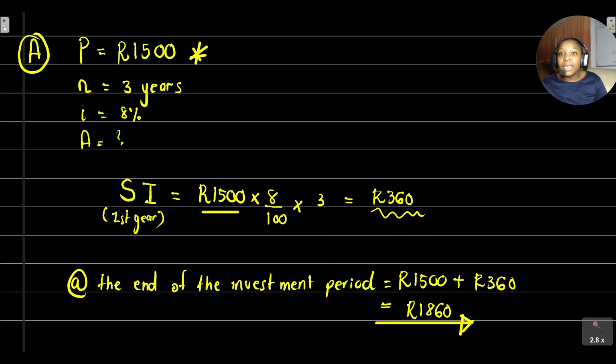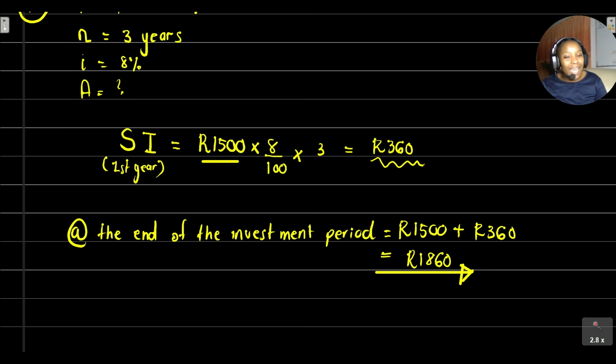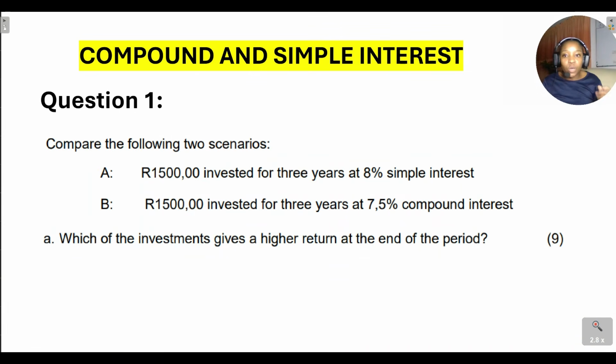So you basically need to be aware of that. If we're calculating simple interest, we just take that 1,500, multiply by the interest rate, multiply by the payment period, and that gives you the interest that you would have earned. But we still need to remember that we need to take it a step further if the question is asking us to determine how much will we have.